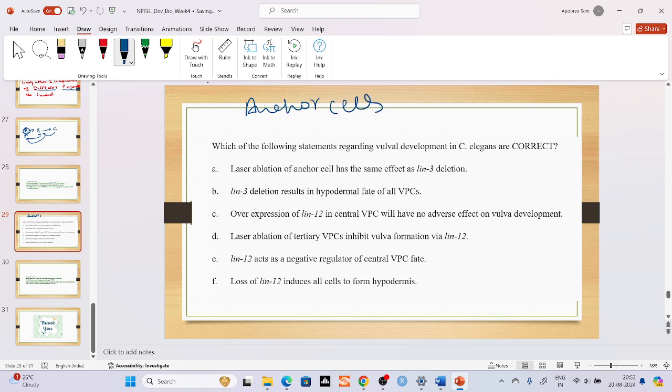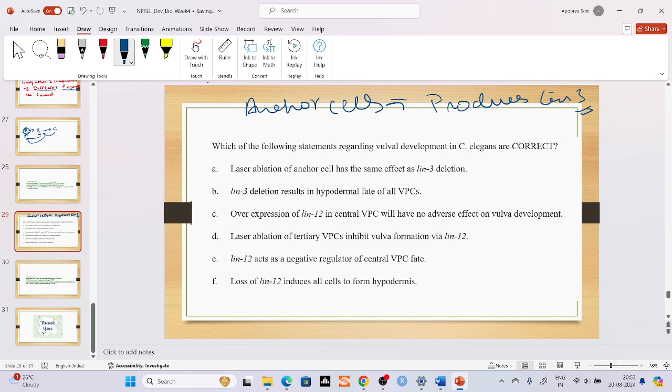Anchor cells are the cells that produce lin 3. Laser ablation means through laser you are destroying the anchor cells. So if your anchor cells are destroyed, then what is happening?